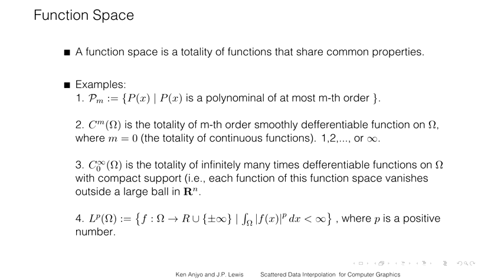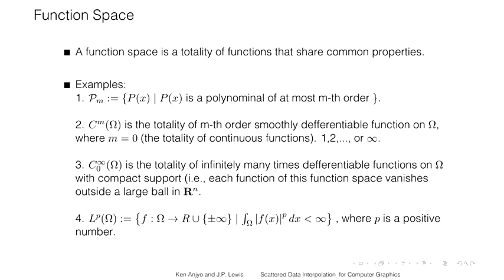And C^m(omega) is the space of m-th order smoothly differentiable functions. Also sometimes we can take m equal to infinity, meaning infinitely differentiable functions, very smooth ones, like the exponential function.